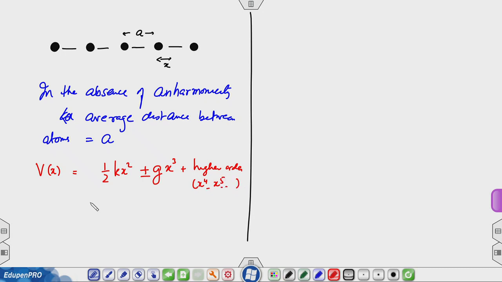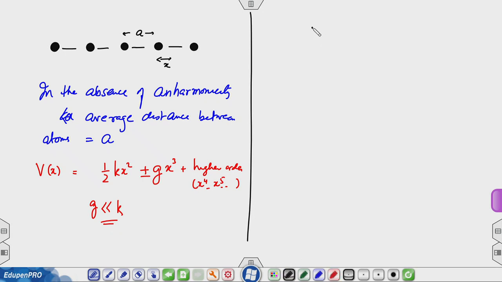And we are going to assume that g is much less than k. So, primarily the crystal is harmonic, but there are these terms, and let us see how this changes the potential.